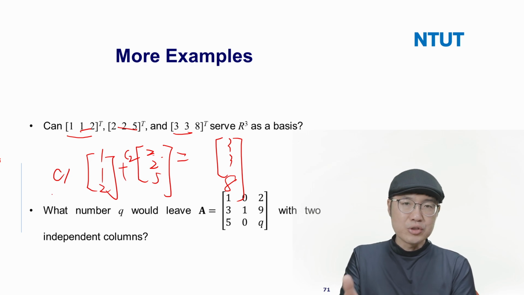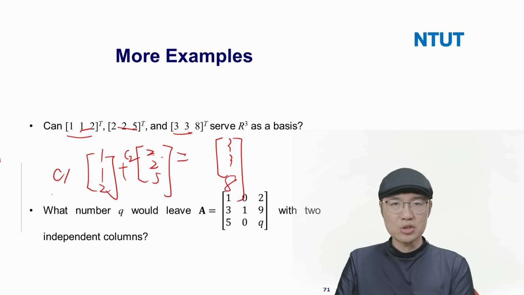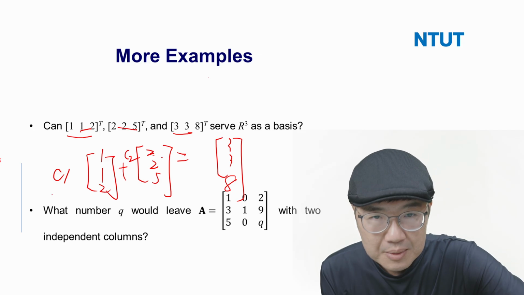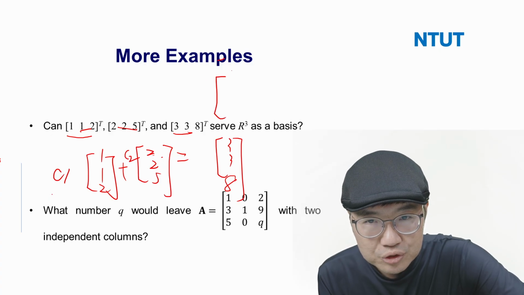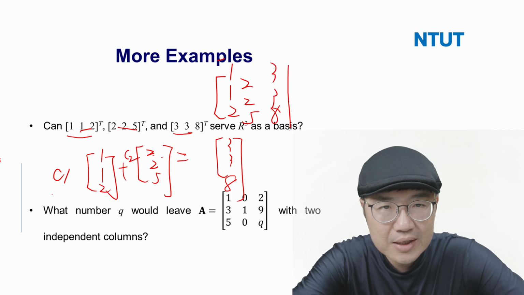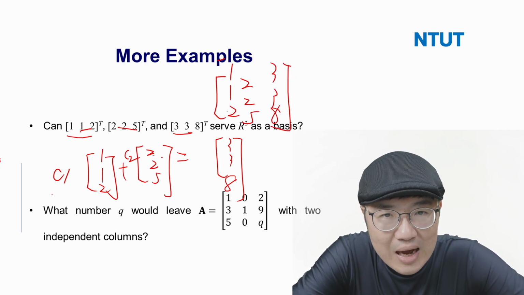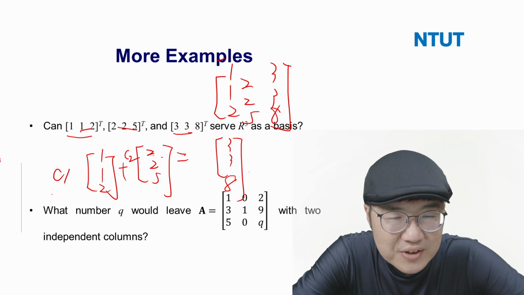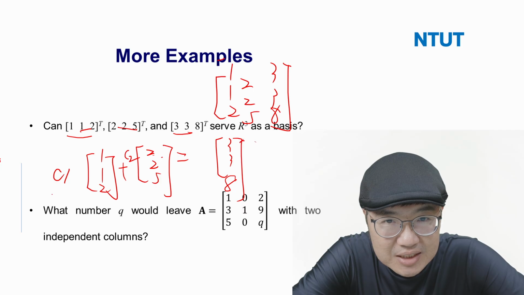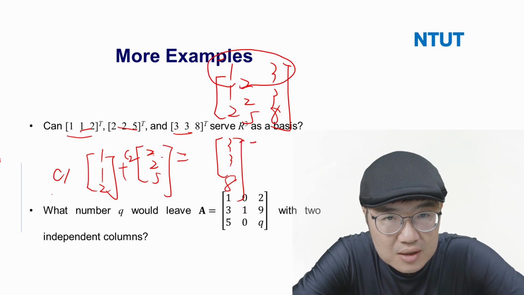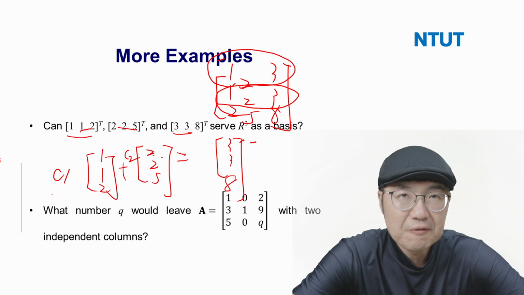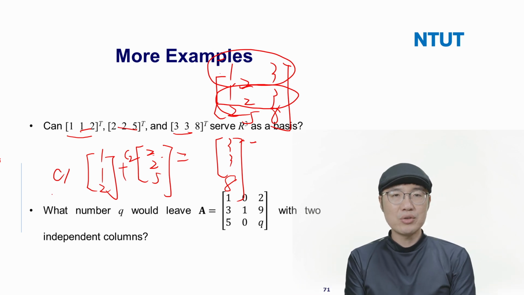Should I try everything I can to solve C1 and C2? No, I don't have to. Because if I put them into a matrix, (1, 1, 2), (2, 2, 5), and (3, 3, 8), I don't see whether the three columns are independent, but I can easily see the first and the second row are dependent. The first and the second row are all 1, 2, 3.